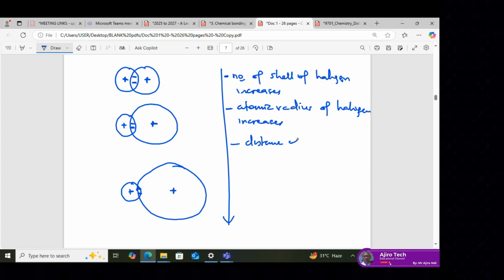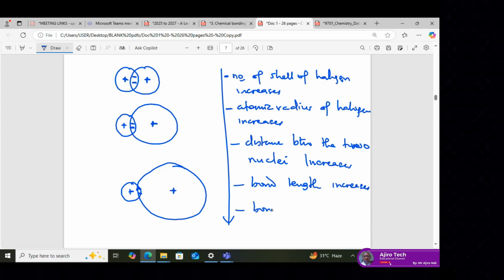Distance between the two nuclei increases. Bond length increases. Bond energy decreases. Reactivity increases. This means, pay attention.